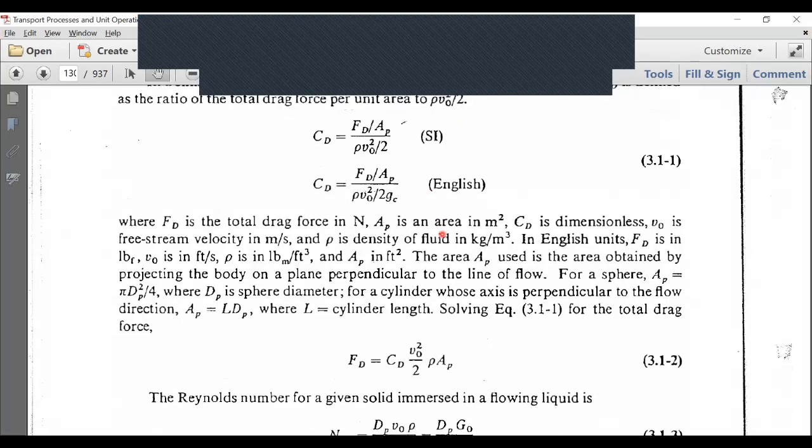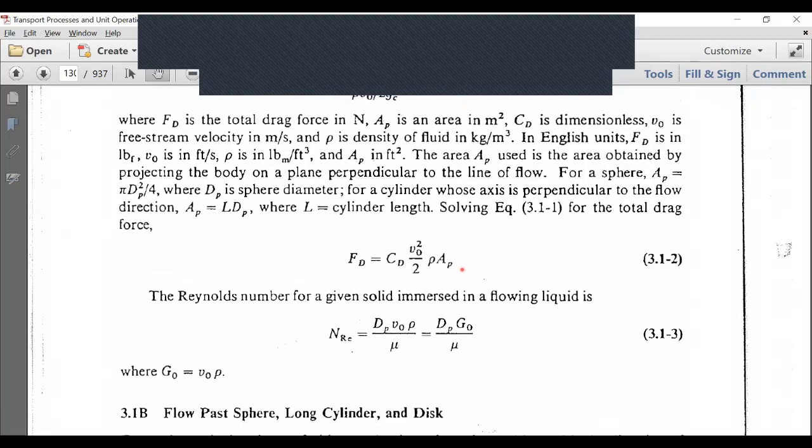While for this FD, after you find CD, you may try to find FD using 3.12. And then 3.13 is the Reynolds number for the solid immersed in a flowing fluid.